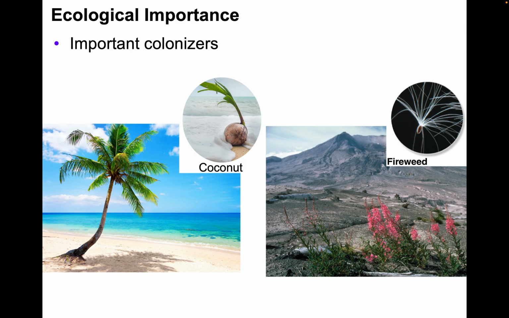Probably just fire, probably not lava. I take that back on the lava part. But fire devastated regions. The seeds, the fruit that surrounds that seed has these very aerially adapted structures to capture the wind and float very long distances into these barren environments post-fire.